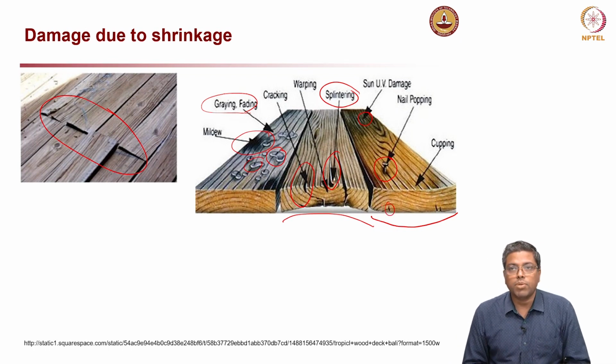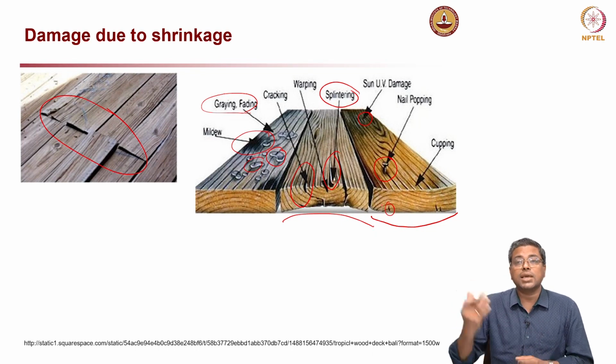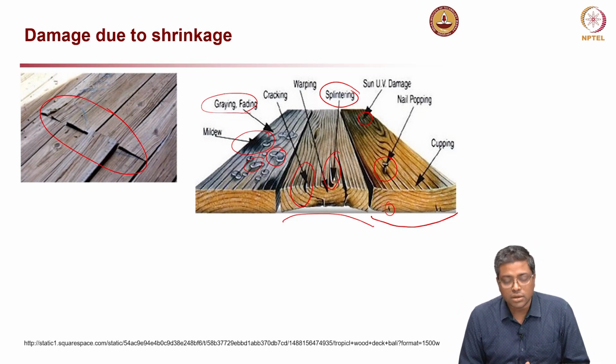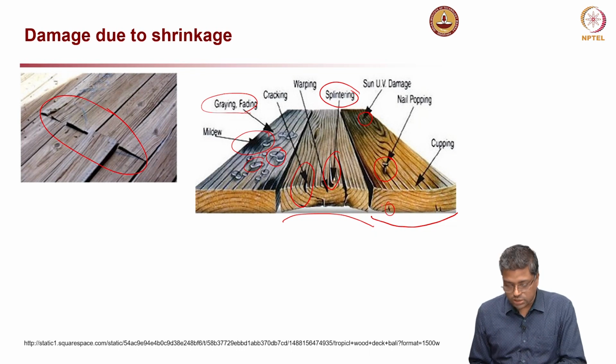We call this behavior cupping on the right side. When that happens, even the nail can come off because of the pressure exerted by the wood itself, by the shrinkage action. So these are all general problems experienced by wood and wood structures.